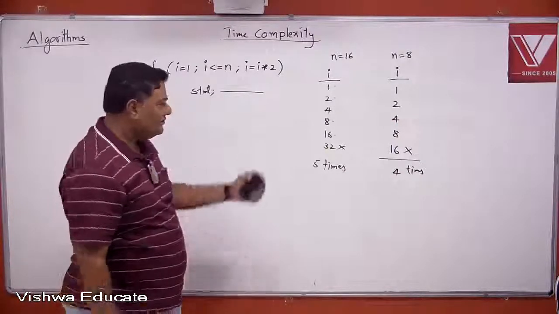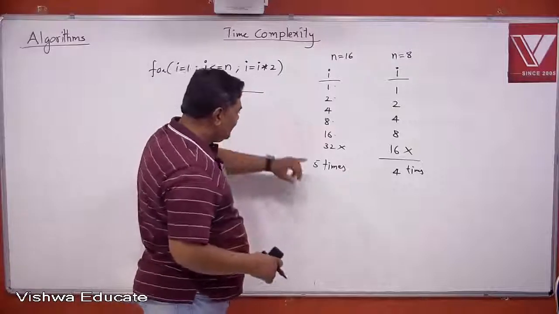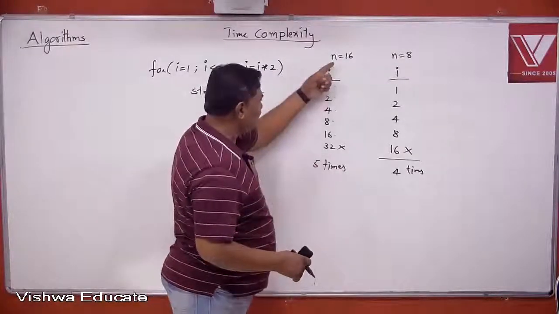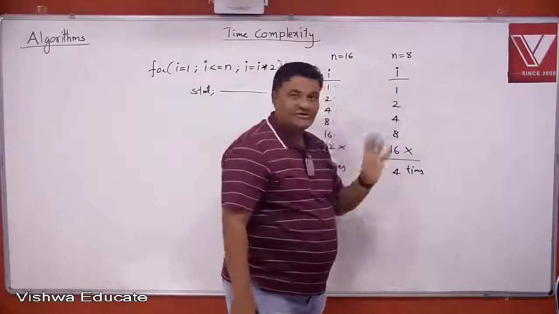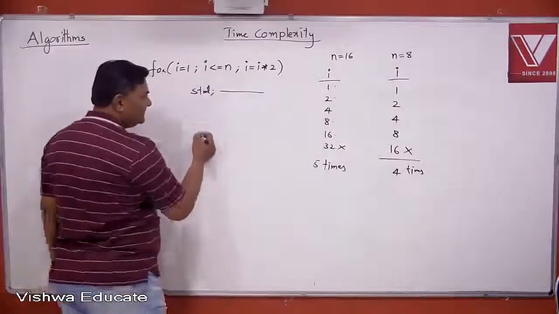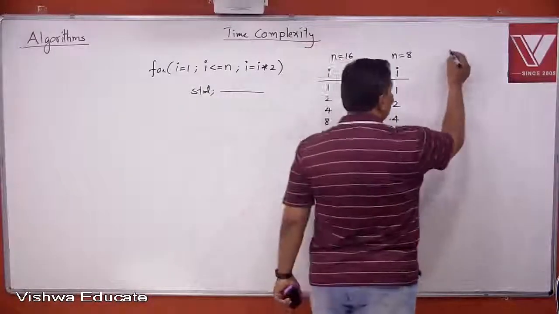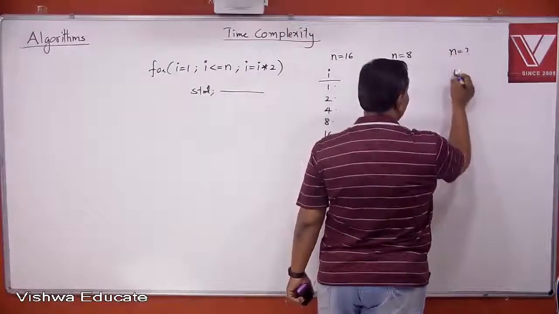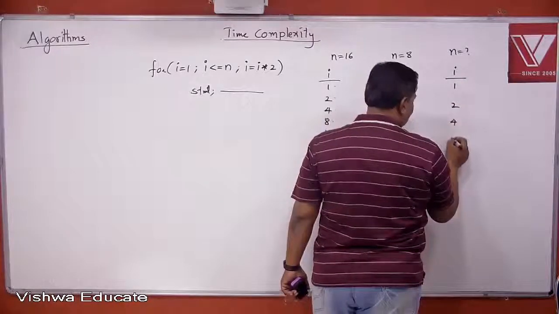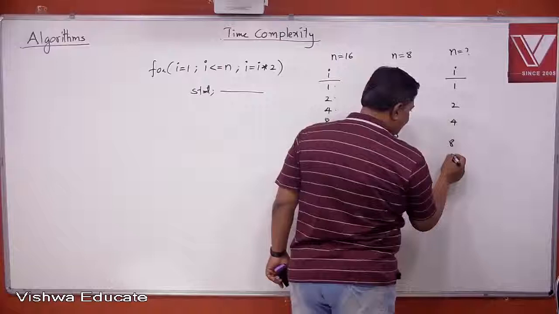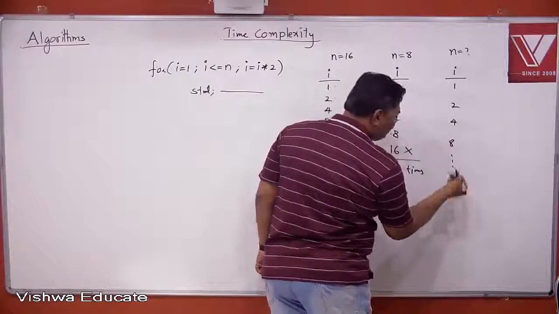Right? So is it completing for n times? No. So let us write here. For any n, how many times? I, then 1, then 2, then 4, then 8, then up to what? Some k times.